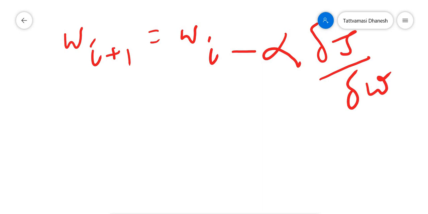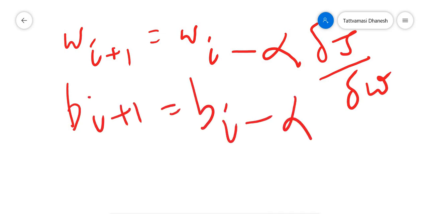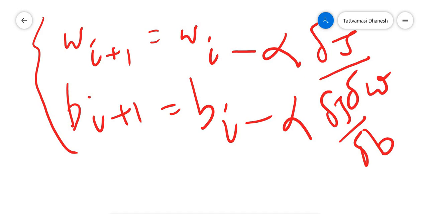I am using dou, the partial derivative, because when your function depends on multiple variables, you go for partial derivative, and our cost function now depends on two variables: weight and bias. In the same way, I can write B of i plus 1 is equal to Bi minus alpha into dou J by dou B. These two equations are how the gradient descent algorithm is modified for a machine learning model. This is our equation.